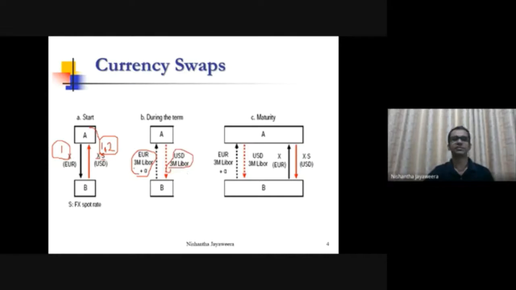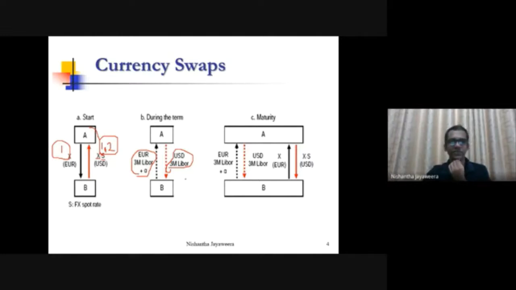That's why it says Euro 3-month LIBOR plus alpha. Assuming the payment frequency is 3 months, every 3 months both parties agree to pay interest. Party B agrees to pay Euro 3 months LIBOR plus a margin, while party A agrees to pay only 3 months LIBOR, because the margin can be netted and added only to one party.